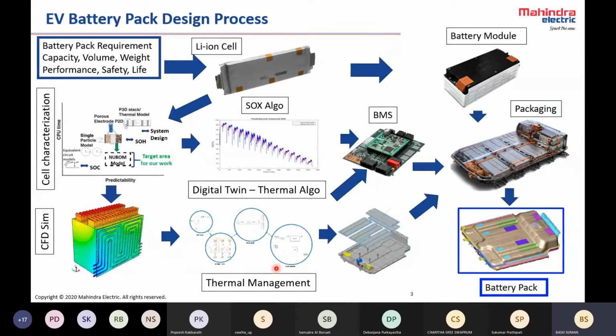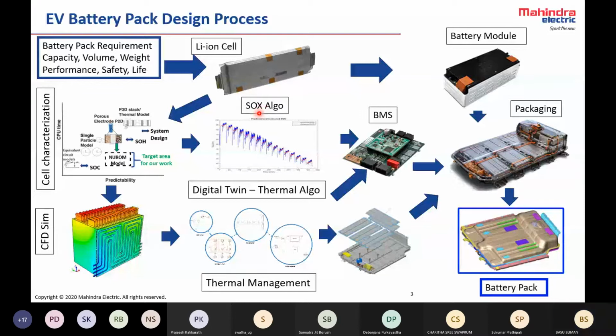So from this, it goes in two different directions. One is it goes as the thermal management logic into the battery management system, and on the other side, it goes into the cooling plate designs. So I have gone through the thermal side. On the other side, from the information of the cells, we make the SOX algo. X stands for C, which is charge, P, which is power, and H, which is health.